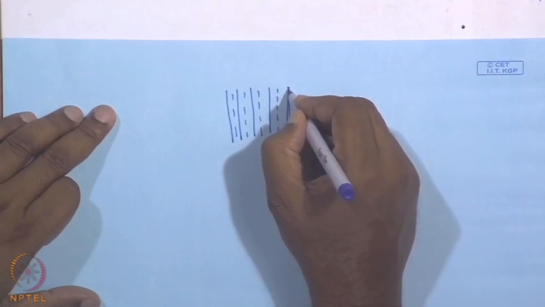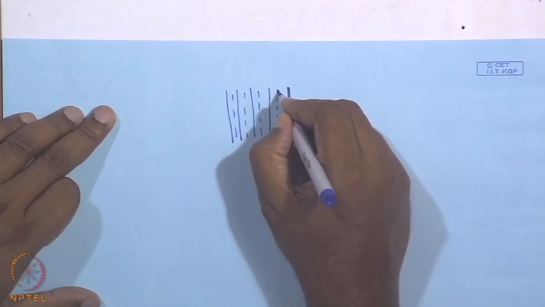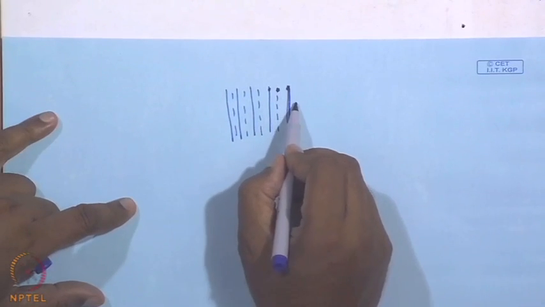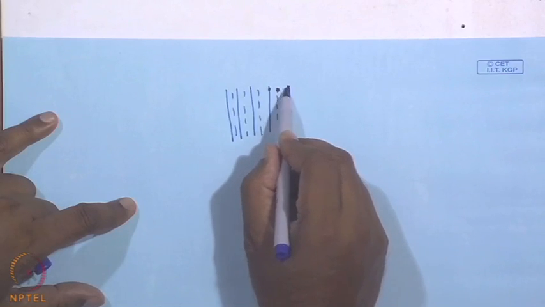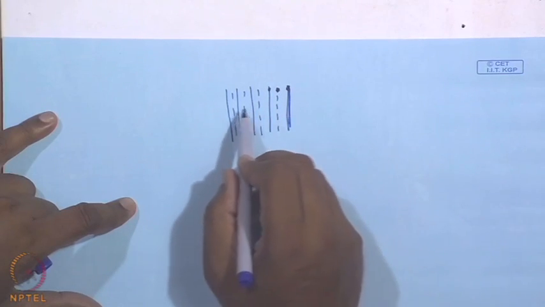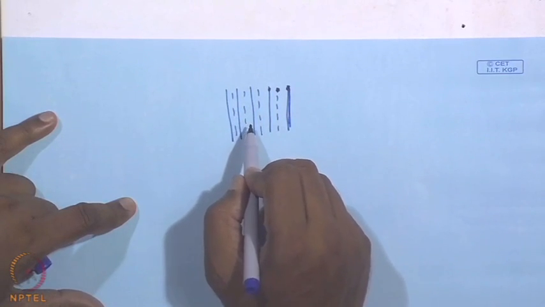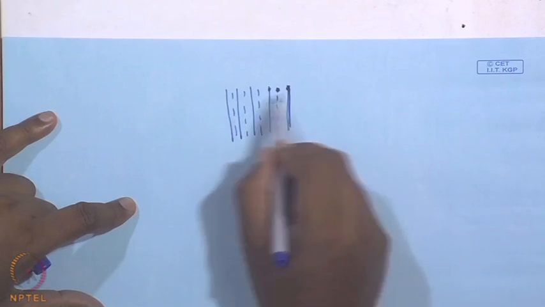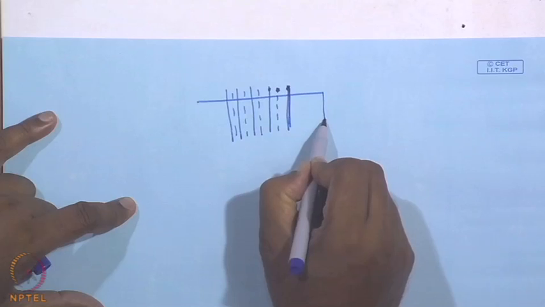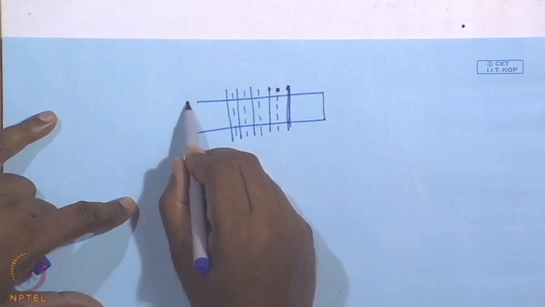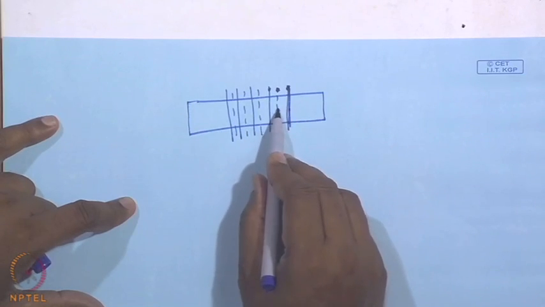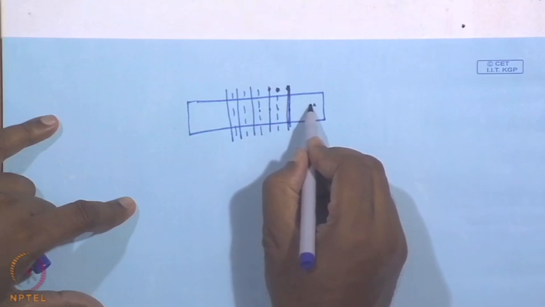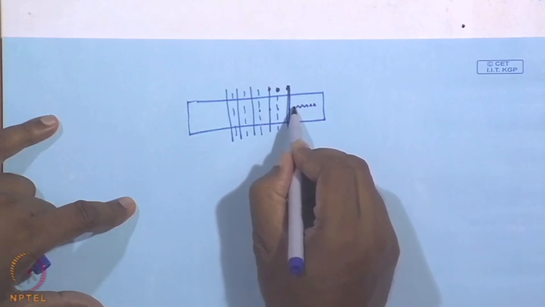So, at these discrete points, I know what the thicknesses are, but if I would like to know the thickness in between the points also, I need to use a technique called image processing. What it does is it takes the image of the fringes, the dark fringe, bright fringe, dark fringe, bright fringe, and so on, and then it digitizes this entire image into a number of pixels.